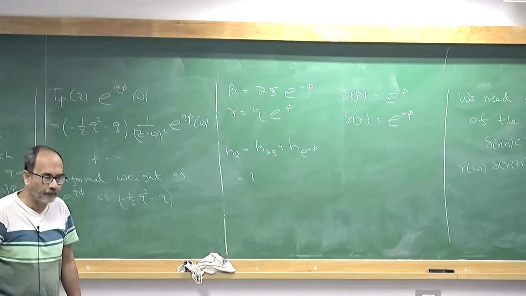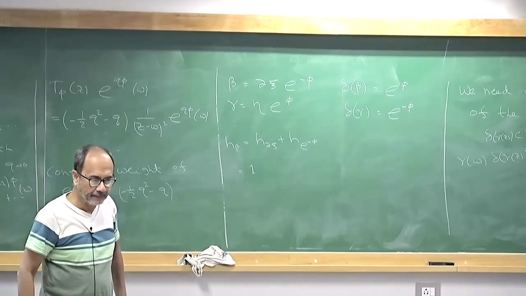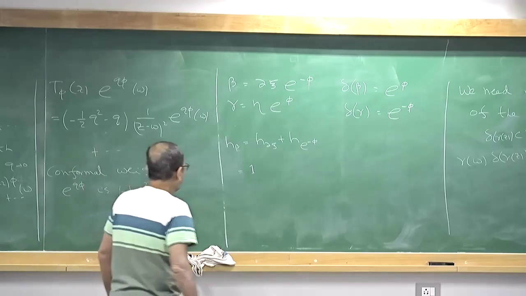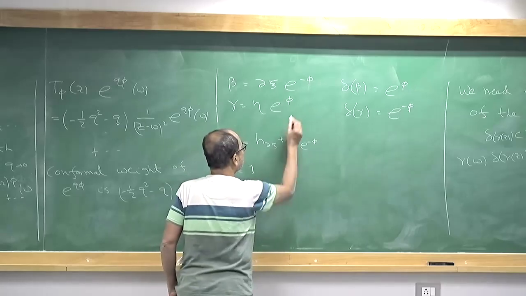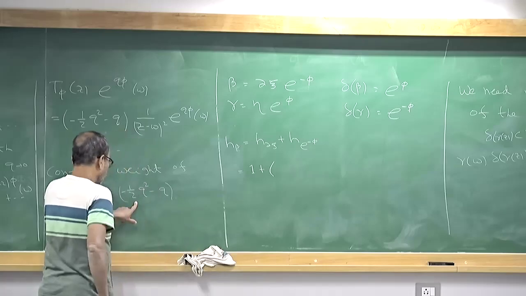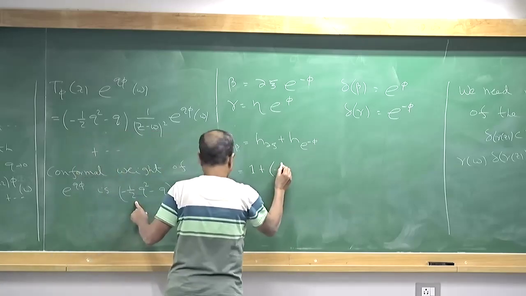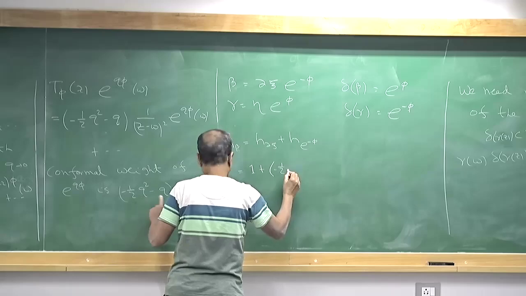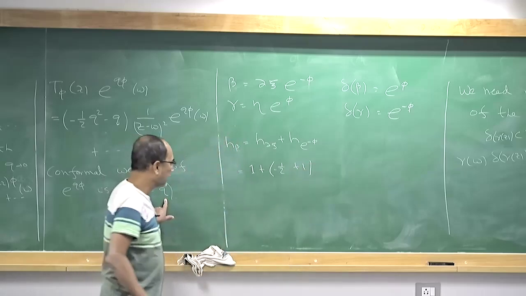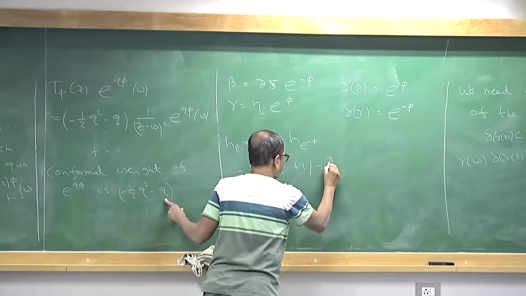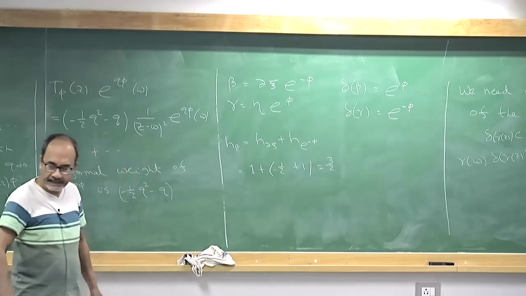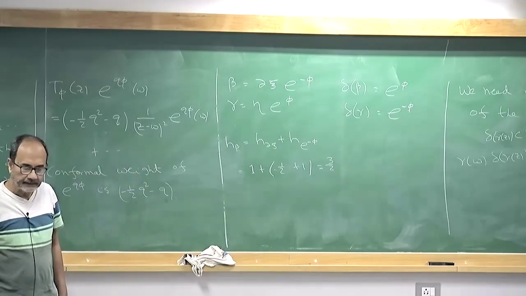If you have a dimension 0 primary, you can check that del xi is a dimension 1 primary. And this will give you minus 1. So e to the minus phi has what dimension? Q is minus 1, so here it's minus 1/2 and then plus 1, that is 3/2. So H of beta has the correct conformal weight.